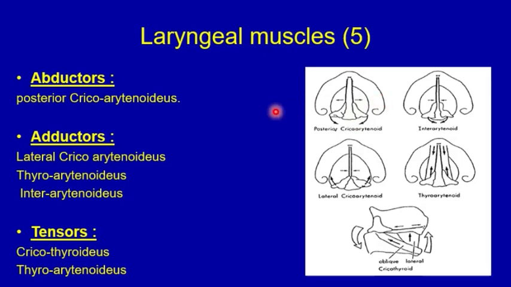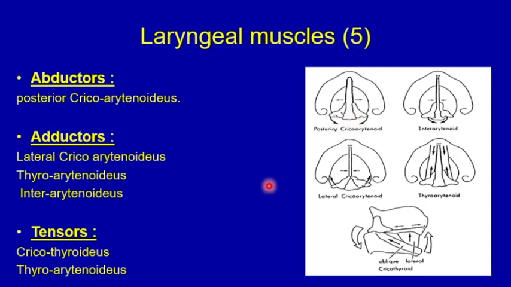On the other hand, adducting the vocal folds can be achieved by 3 muscles: the lateral cricoarytenoid attached to the anterior part of the muscular process, the thyroarytenoid, which forms the bulk of the vocal fold, and a small muscle in between the posterior parts of the arytenoids that also closes the posterior part of the vocal fold during, for example, phonation or swallowing.